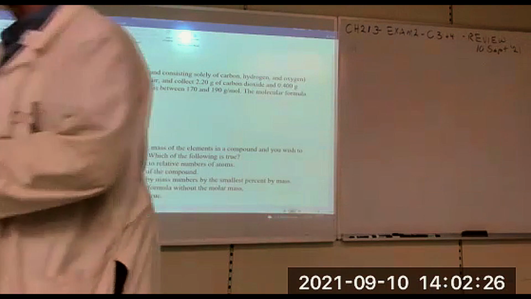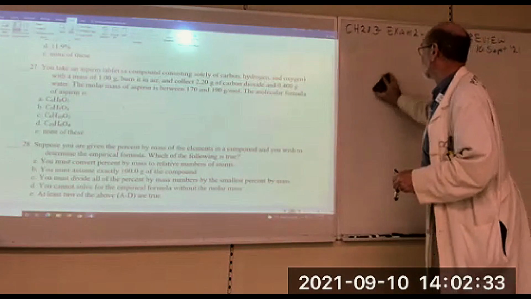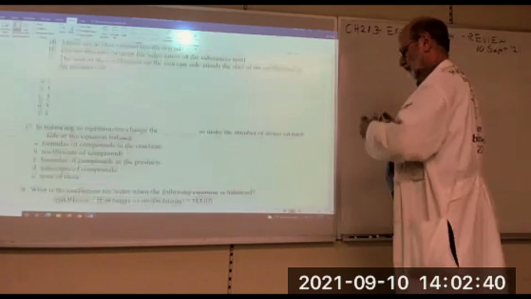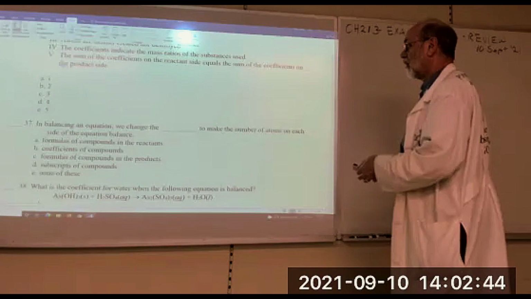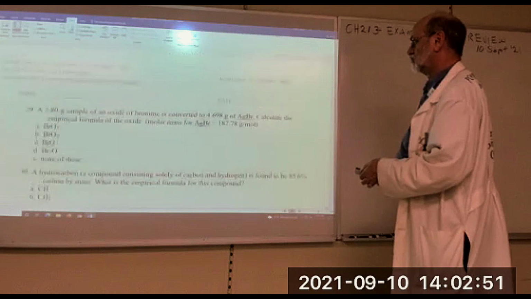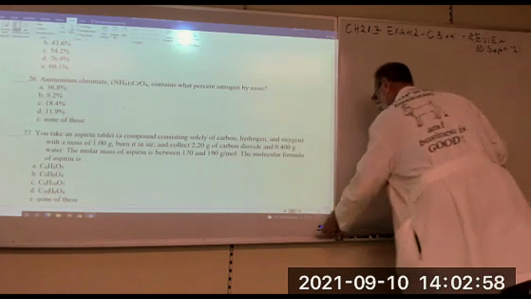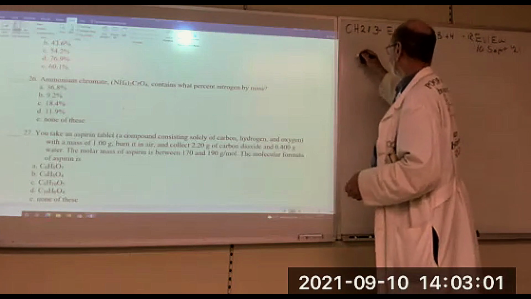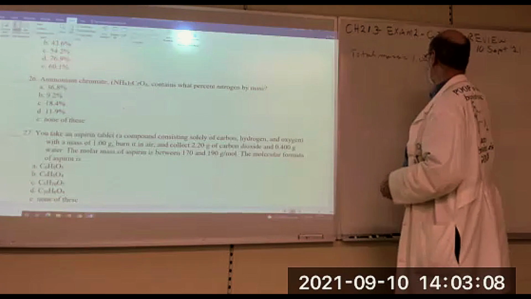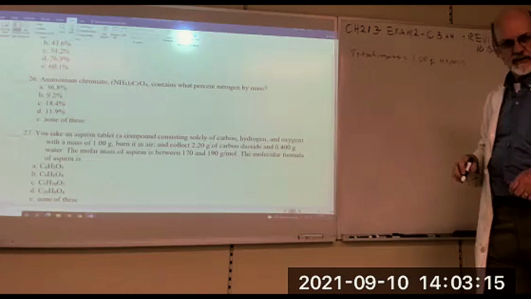So your starting mass is a 1 gram sample of aspirin.